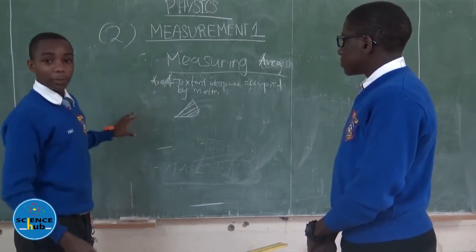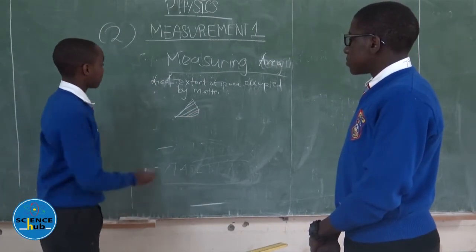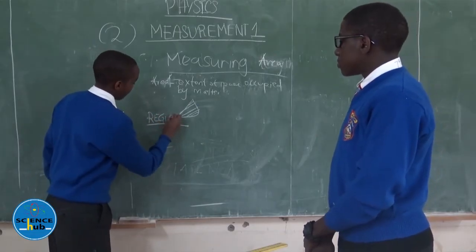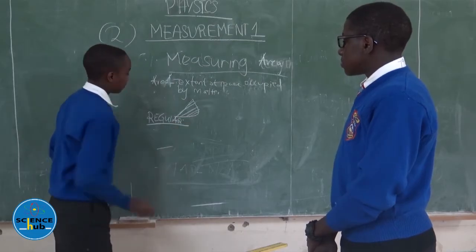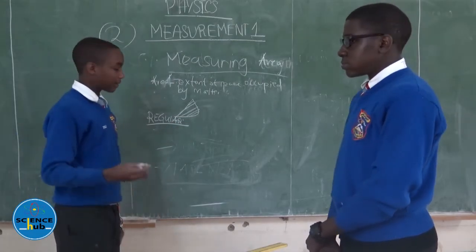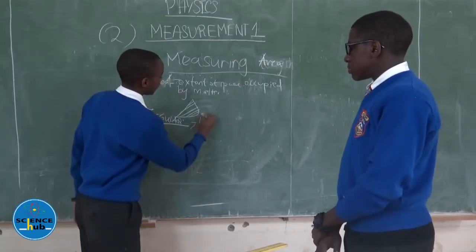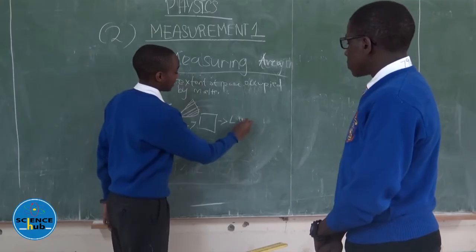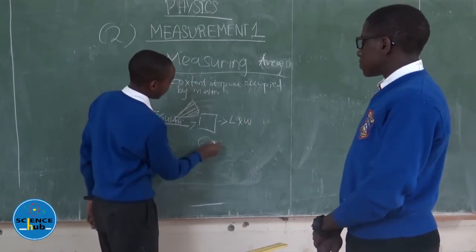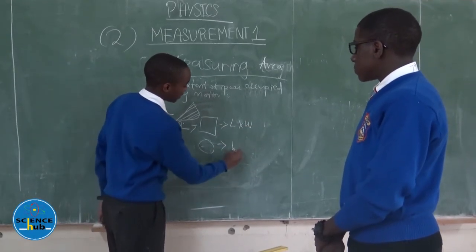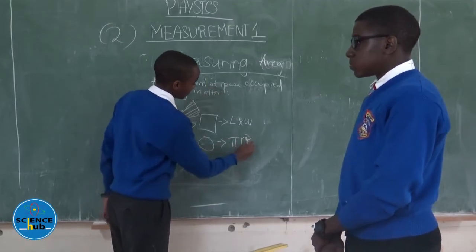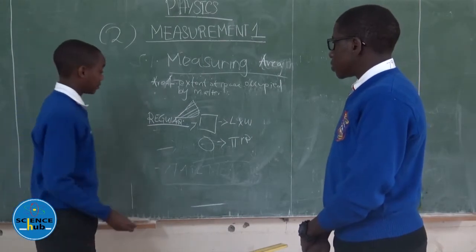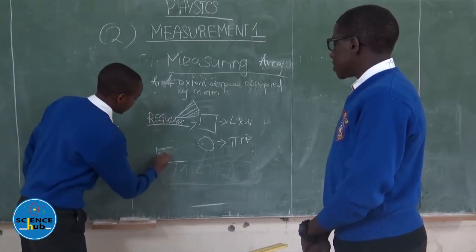First of all, how do you measure area? For the area of regular objects, use the mathematical formulas such as, for example, rectangle. We use the mathematical formula of length times width, and the circle, use the mathematical formula of pi r square. You can therefore move on to the area of irregular objects.